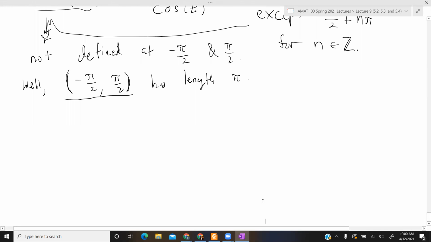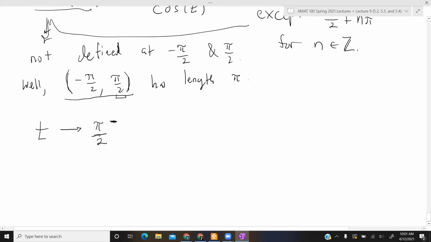So, well, what's going on? We want to know what's happening near these points. Let's just look at pi over 2 first. So when t is getting close to pi over 2, how we express that notationally is that we're saying t is approaching pi over 2, and we're going to say from the left.